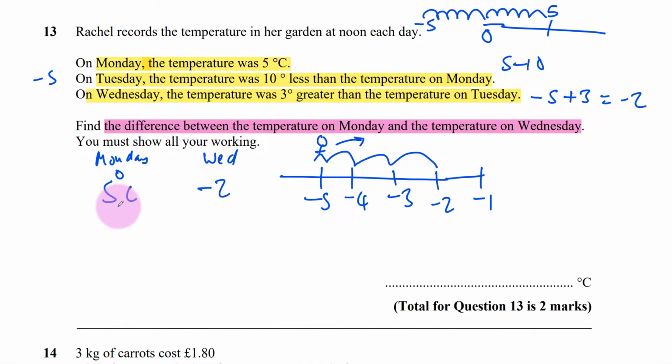Okay, so what's the difference from there to there? The number line is the clearest way. If you think 5 to 0, you count 1, 2, 3, 4, 5. To get to -2, 1, 2, the difference is 7. So you would write 7.